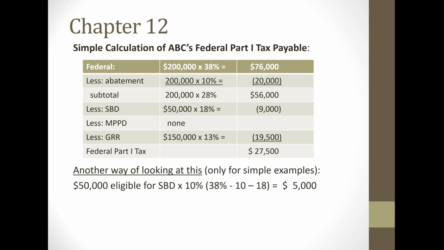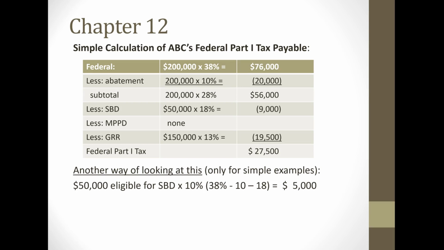And on that $50,000, we're only going to pay federal tax at a rate of 10%: 38% minus the 10% abatement minus the 18% small business deduction. So that only leaves 10%. So 50,000 times 10%, we only pay tax of $5,000 on the $50,000 active business income.